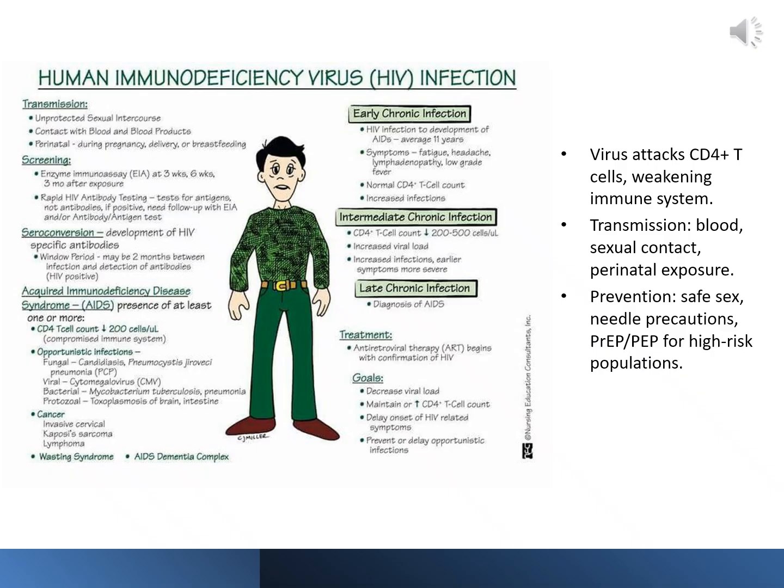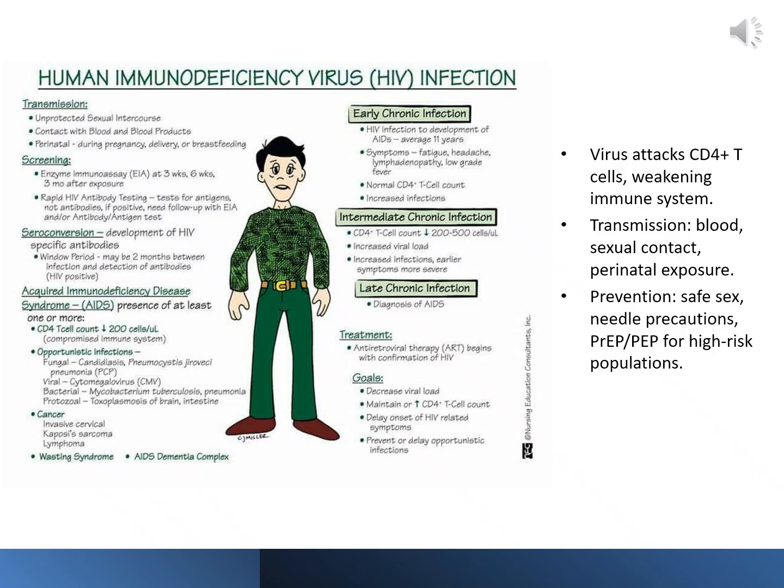Now, during the latency period, stage two, the virus is produced at low levels and the patient might be asymptomatic for years. Their CD4 count drops a little bit, and they have a gradual decline in their immune function. When we have stage three, this is where we diagnose them as having AIDS.